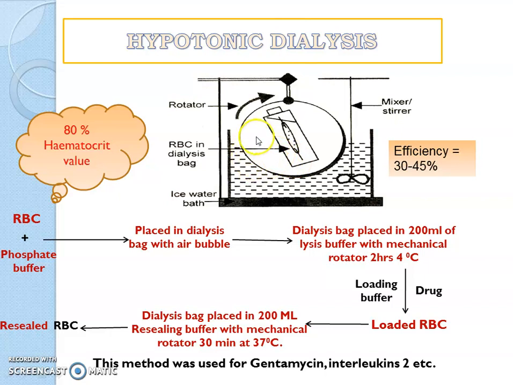These resealed erythrocytes generally have an efficiency of 30 to 45% by this hypotonic dialysis method, and these methods are generally used for the encapsulation of gentamicin, interleukins, etc.